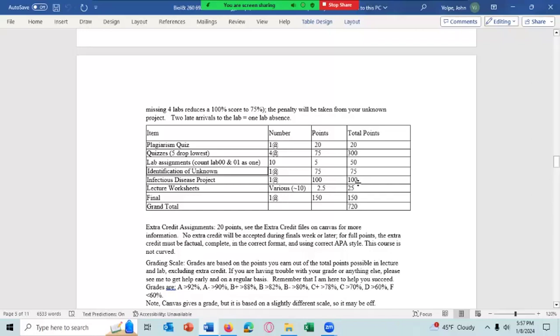The infectious disease project, 100 points. Lecture worksheets, I think it's 10 at 2.5 points for 25 points. And then the final 150 points out of a grand total of 720 points. There will also be some extra credit assignments worth about 20 points.